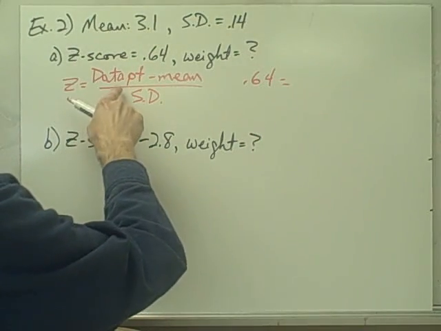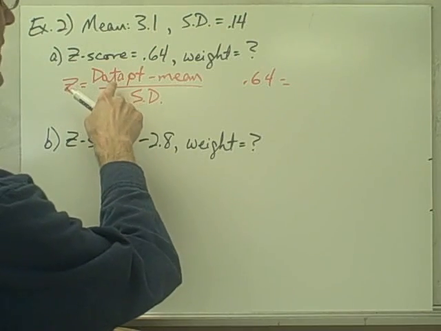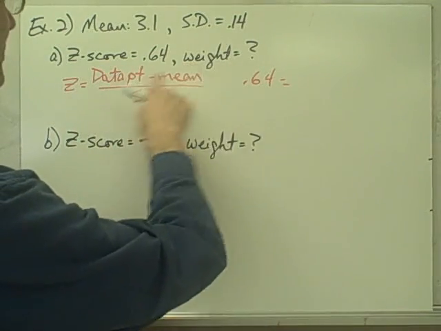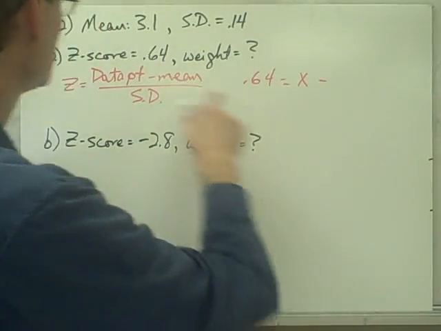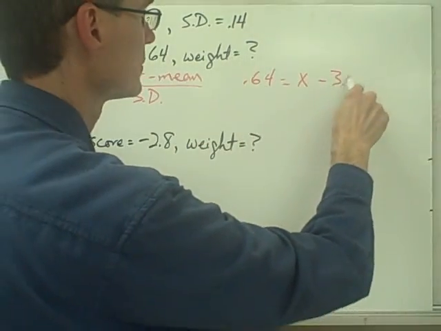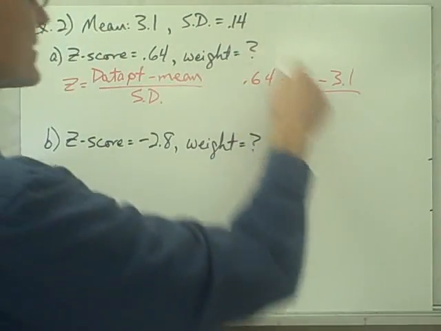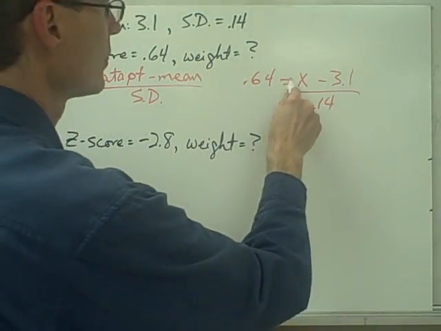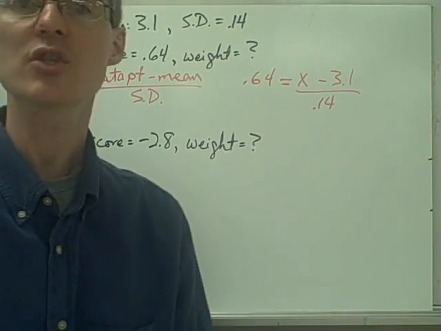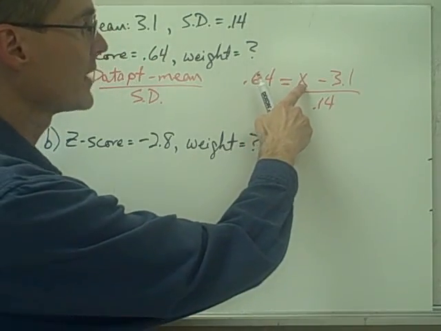So z equals the data point. This is the thing that I'm looking for. My data point is the weight of my penny, so let me call that x, minus the mean. My mean is 3.1. And my standard deviation is 0.14. So you can see we now have an equation here. I've got an unknown that I'm trying to solve for.